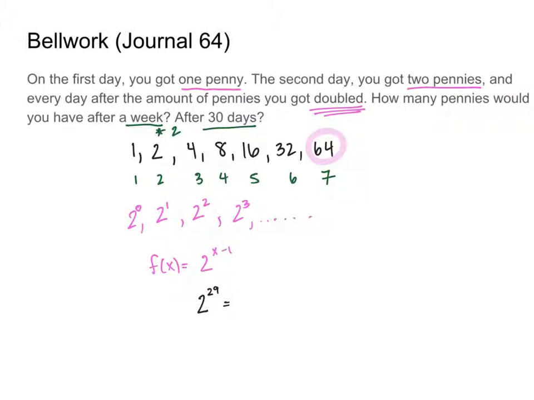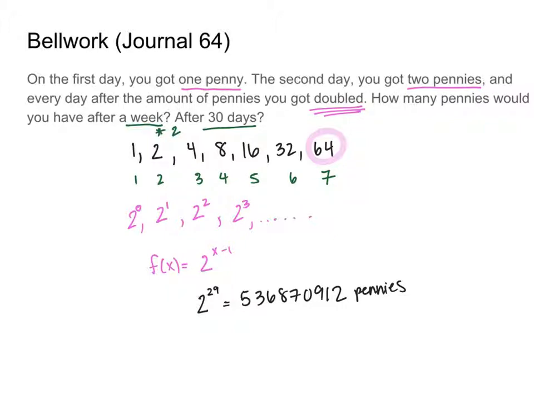Because that will get us the total number of pennies in 30 days. So I got this really big number. I had to use my calculator here. So I got this many pennies. Now there are 100 pennies in a dollar. So if I were to convert this to dollar signs, I basically move the decimal place 2 times over.